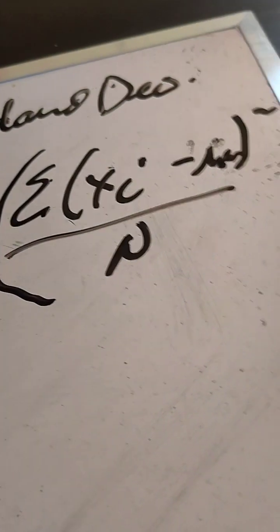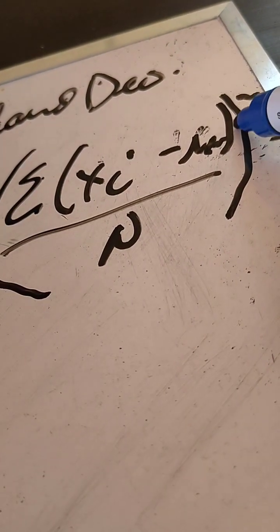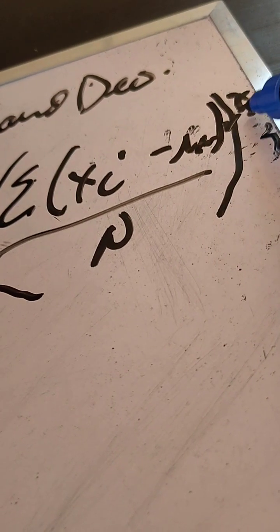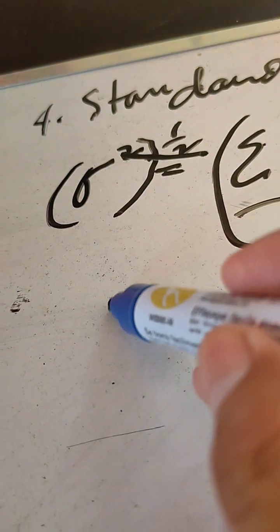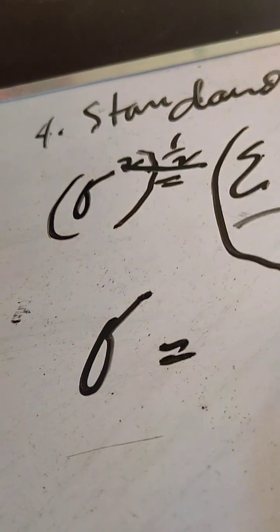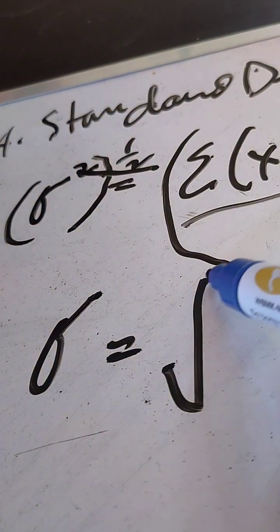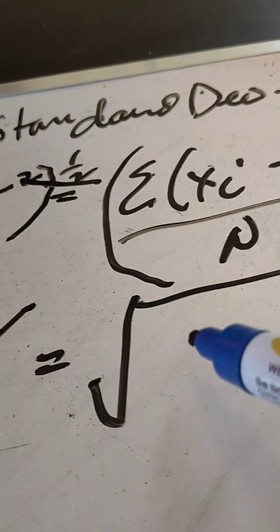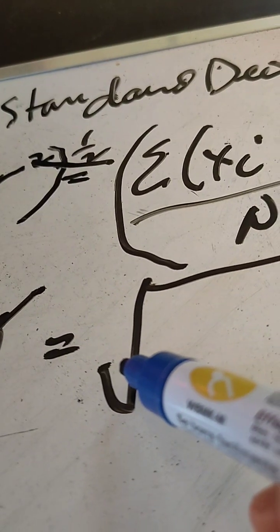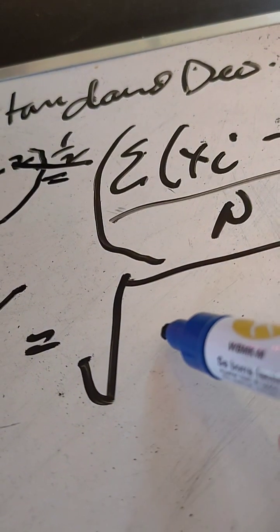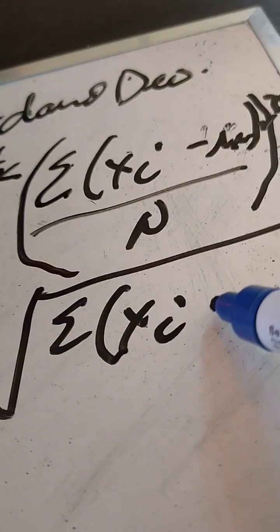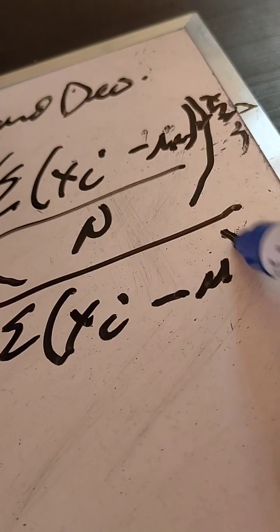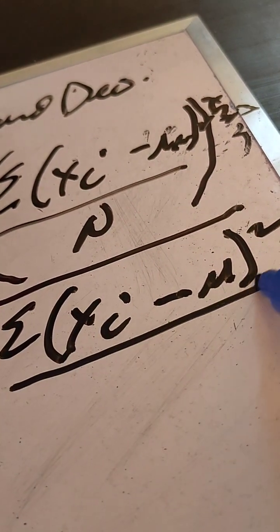So your population standard deviation is simply the square root of, because this is raised to the power of 1/2, it will become your radical. The index of the radical is 2. Then the summation of x sub i minus mu squared all over n.